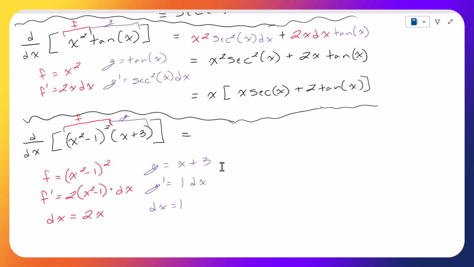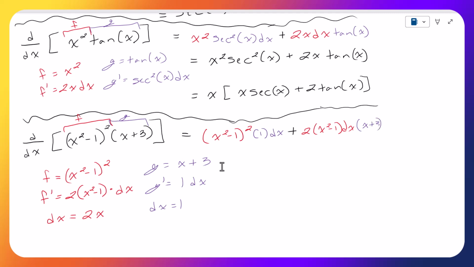We have f, x squared minus 1 squared, times g prime, which is 1 dx, plus our red one, 2 x squared minus 1 dx times x plus 3.